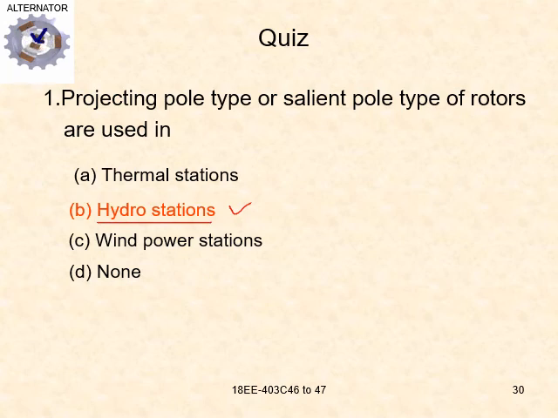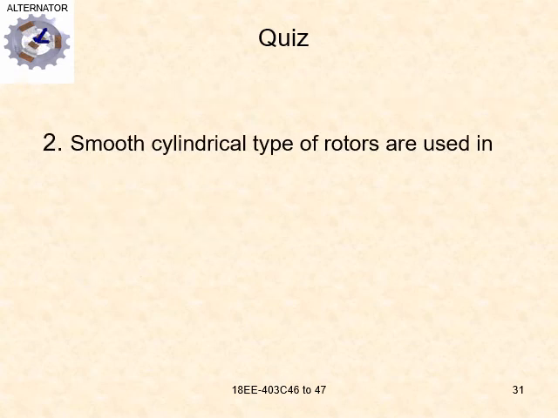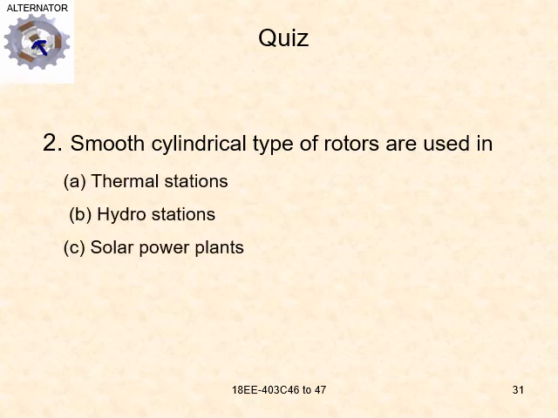And next question. Smooth cylindrical type of rotors are used in thermal station, hydro station, solar power plant, or none? Smooth cylindrical is also called non-salient, which is used for large speed. So the answer will be thermal stations, since solar power plants use only solar plates to generate electricity and don't consist of any moving elements.